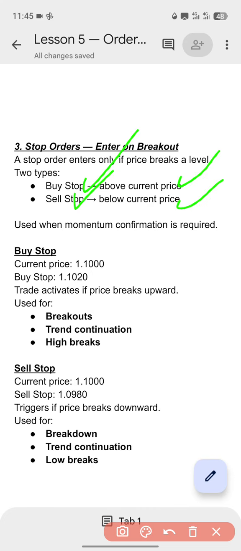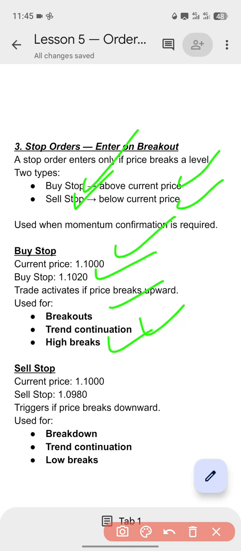Now, buy stop: if the current price is at this level, $1.18, and then you place a buy stop at this level, $1.102. The trade activates if price breaks upwards. We use it for breakouts, trend continuation, and high breaks.